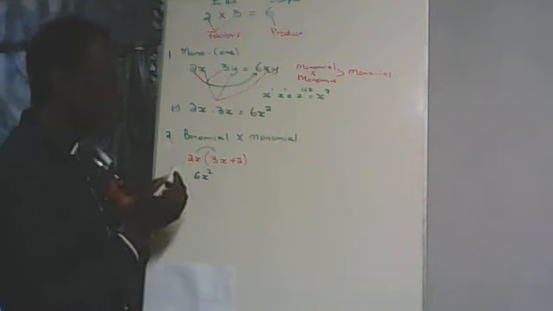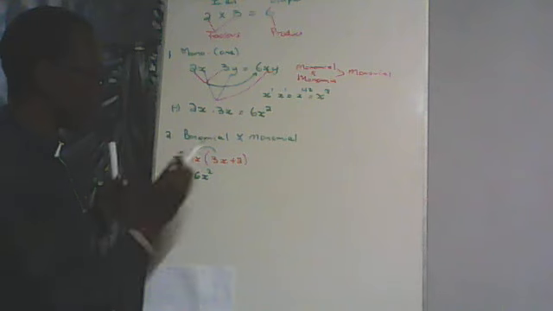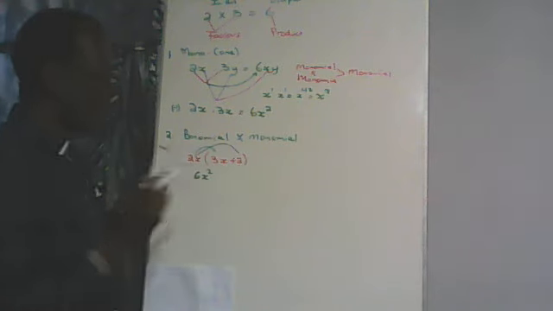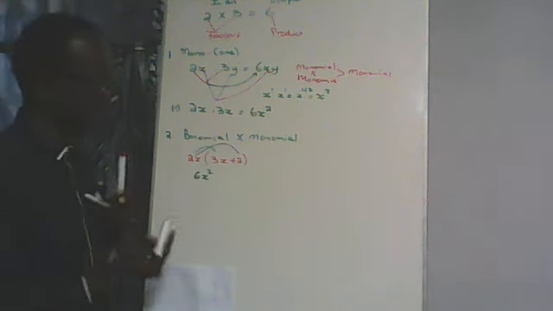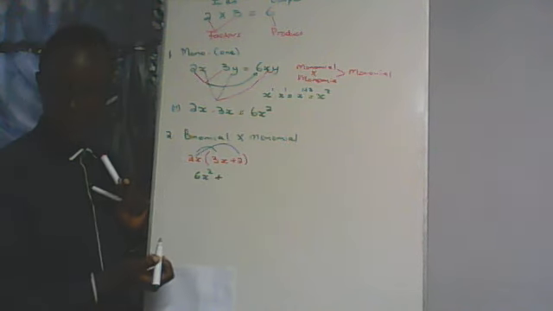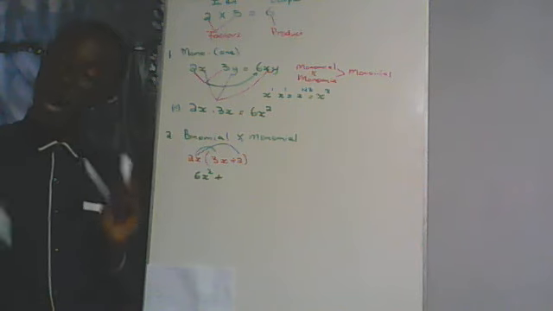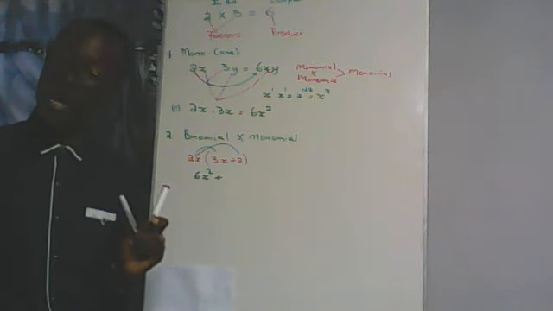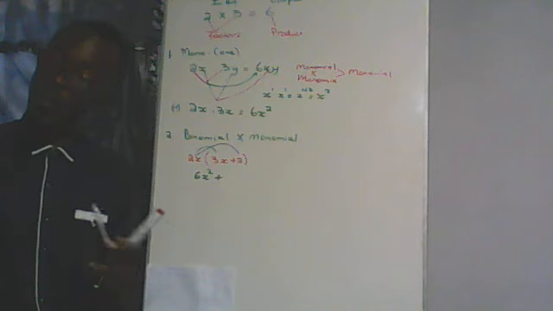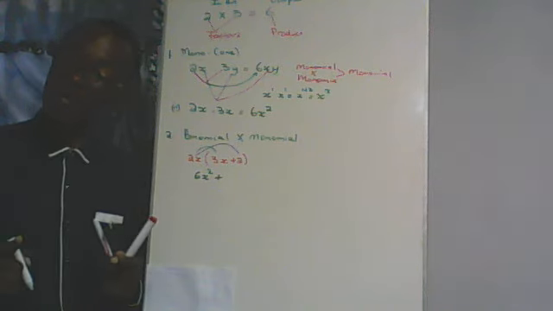Then you move to the next. By moving to the next, what do we do? This is 2x multiplied by 2. Positive gives you positive. And remember, when you multiply two like signs, you get a positive because they are like signs.